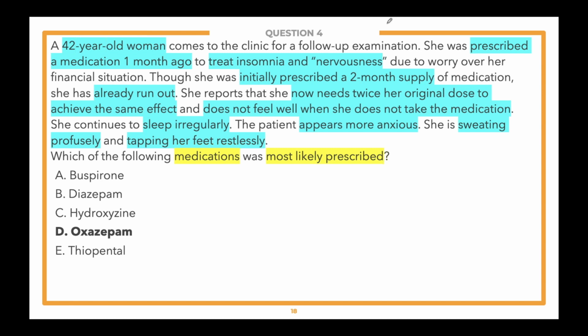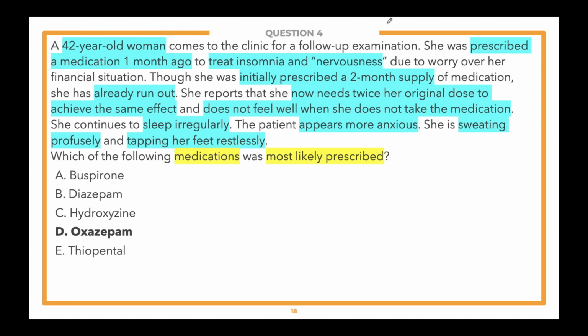Now the other medications, thiopental, that is a barbiturate that can cause cardiovascular and respiratory depression. That's used more so for anesthesia, so not an outpatient medication usually. Hydroxyzine is used for itching, and it's not the best answer choice here. We'll come back to diazepam. Answer choice A, buspirone. This is also an anxiolytic agent, but this has a slower onset of action.